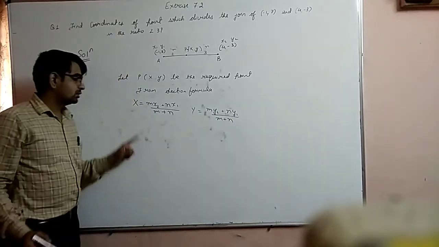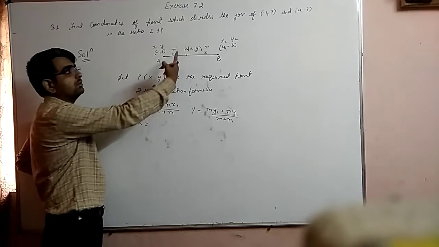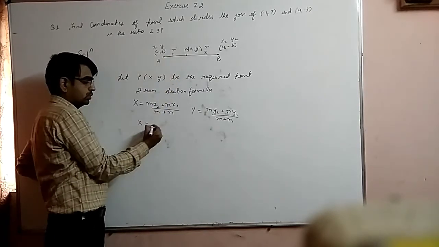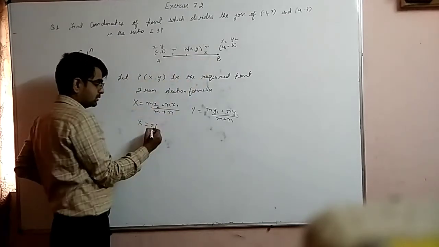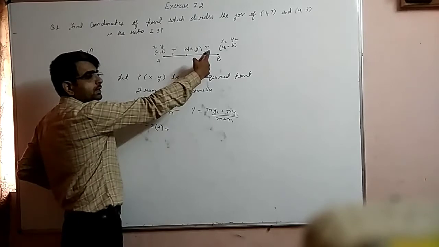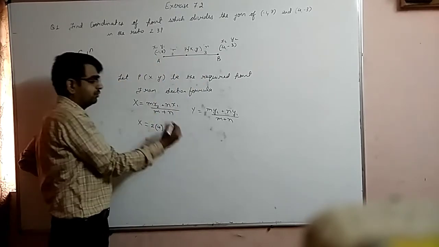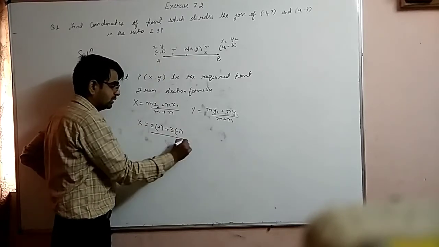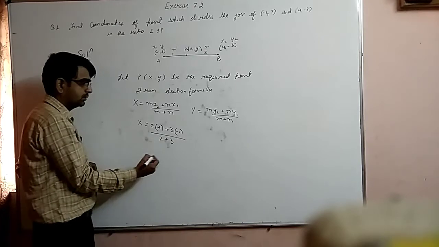Now see this x, what is m? m is 2, so 2 into x2 is 4. Now n, what is n? It is 3, and x1 we have minus 1, and then m plus n, so 2 plus 3.